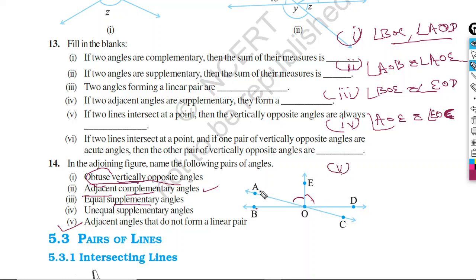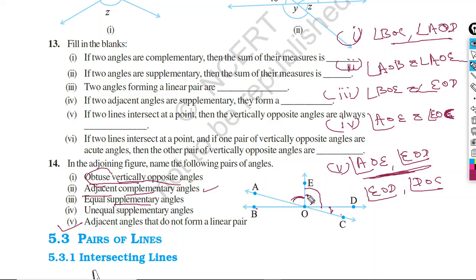So B will be angle AOE and angle EOD. Similarly, there are other angles, like this angle EOD and angle DOC. They are adjacent but they are not a linear pair.